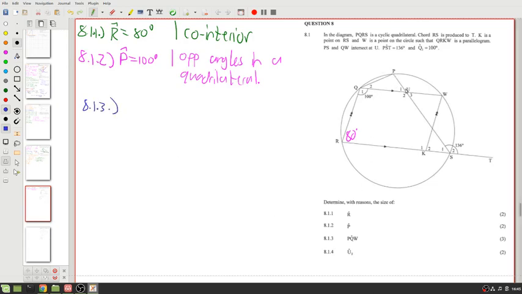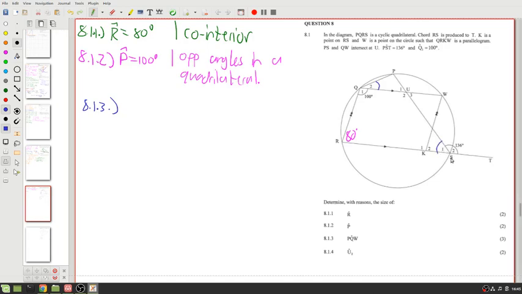PQW, this angle here, so Q2. I think it'll be easier to use Q1 and Q2 for the names as we work this out. Now, we can see that Q2 is just the whole angle Q minus Q1. But what is the whole angle Q? Again, we can use this part here.